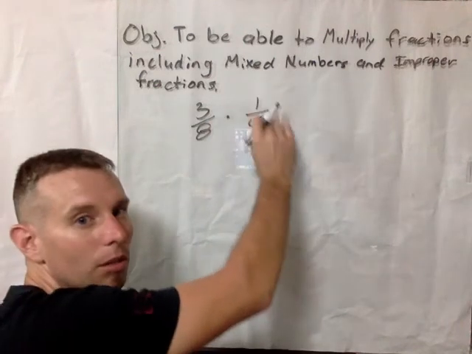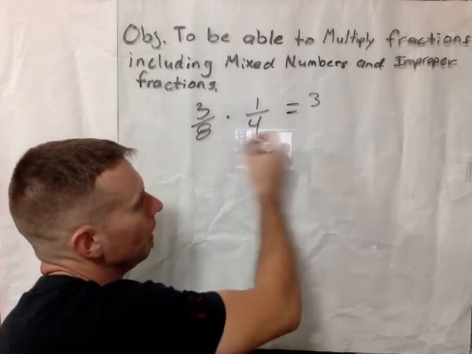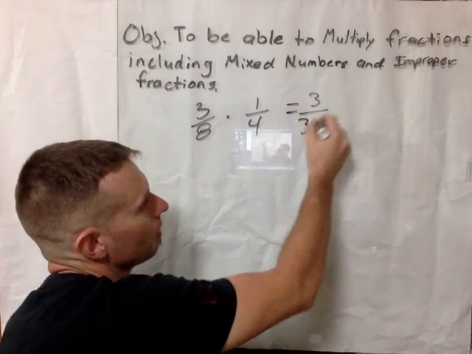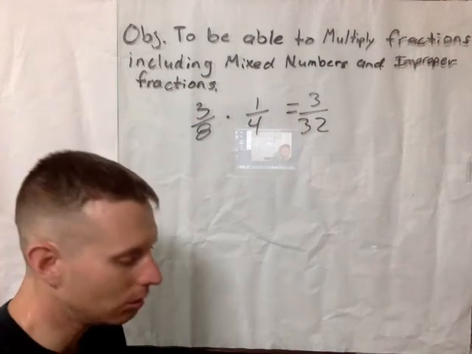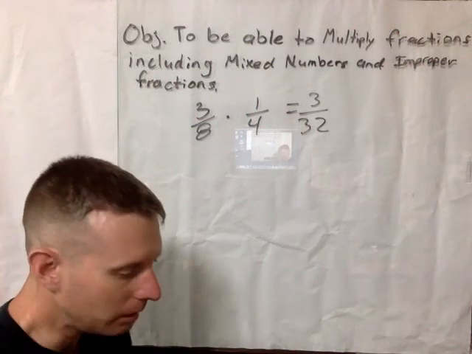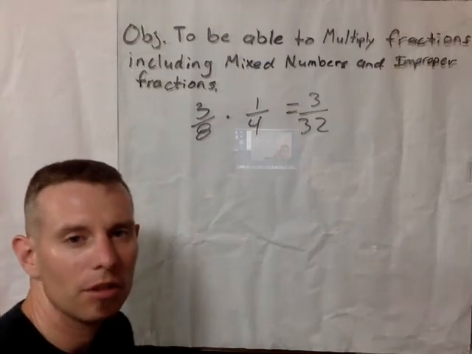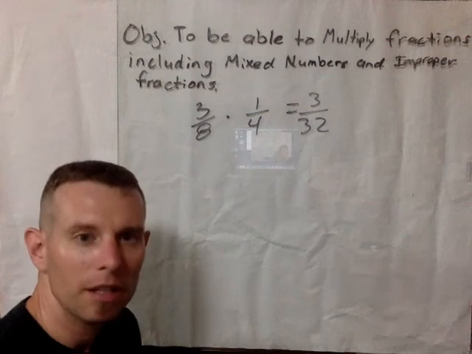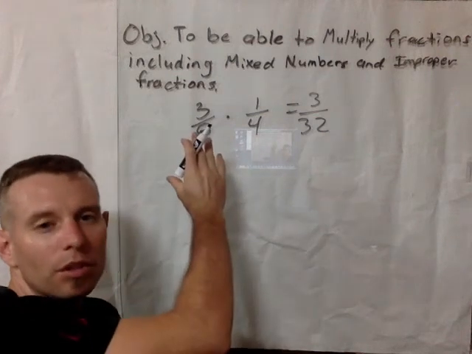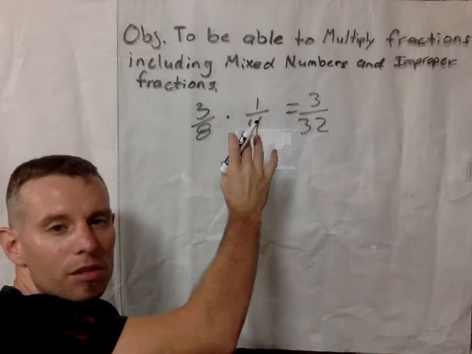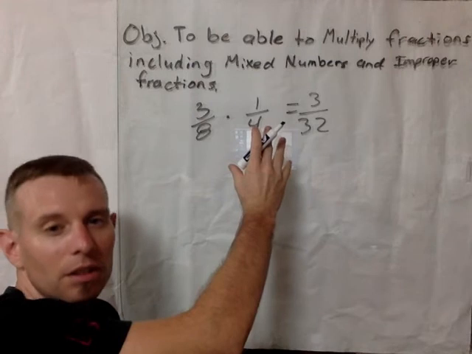So we're going to go ahead and multiply straight across. 3 times 1 is 3. 8 times 4 is 32, and I do believe that there's nothing that we can do to simplify that, and we don't need to convert it back because it's already a normal fraction. And then we can check by estimating. 3/8 is a pretty small number, and we're going to make that even smaller by multiplying it by a number less than 1.